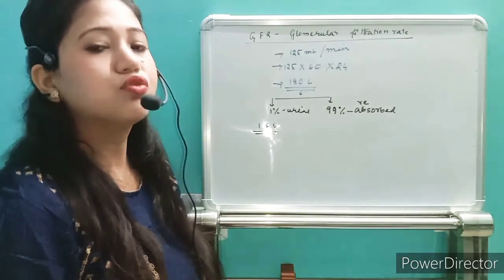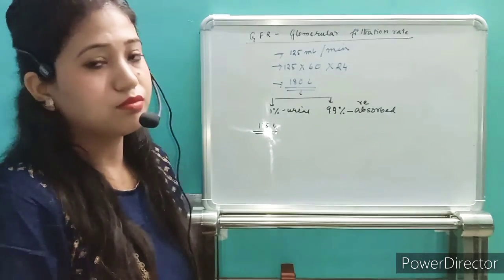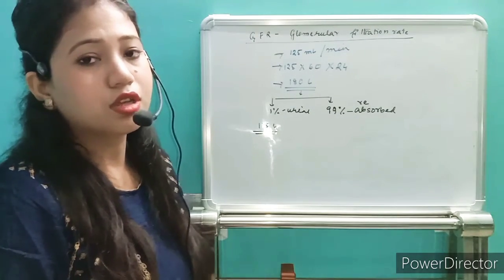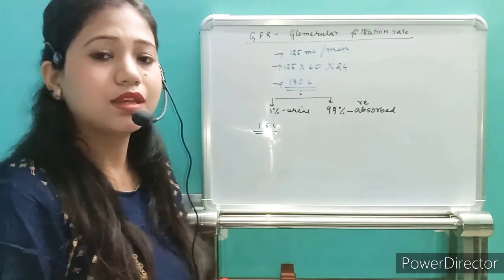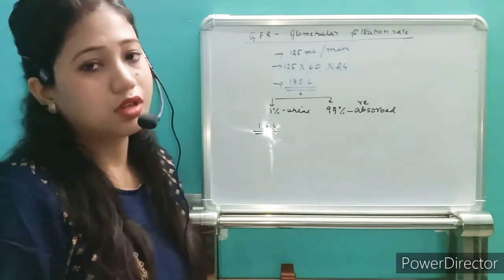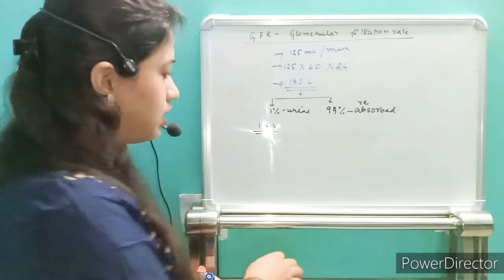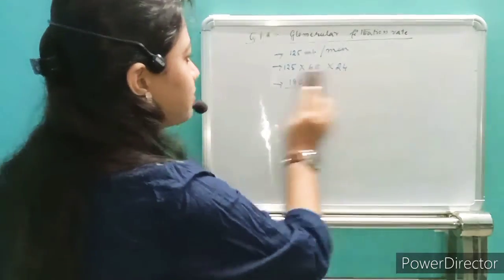Now just see, we need to know a very unique mechanism to maintain the salt, or to maintain osmoregulation. We have one mechanism, and that mechanism is called the counter current mechanism. So let's start the next very important mechanism here.